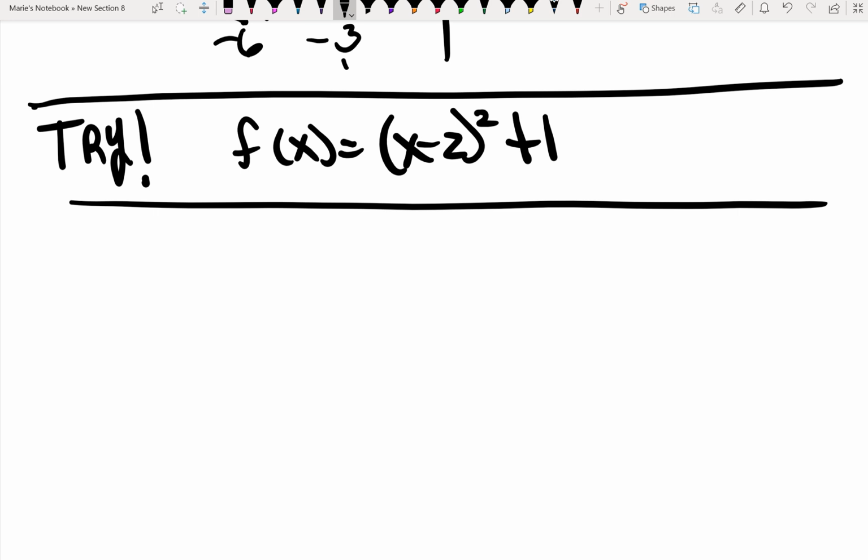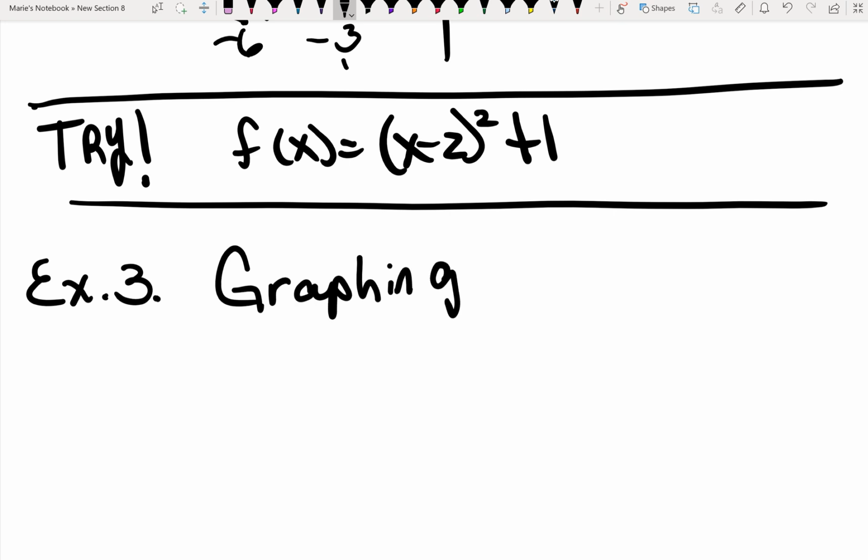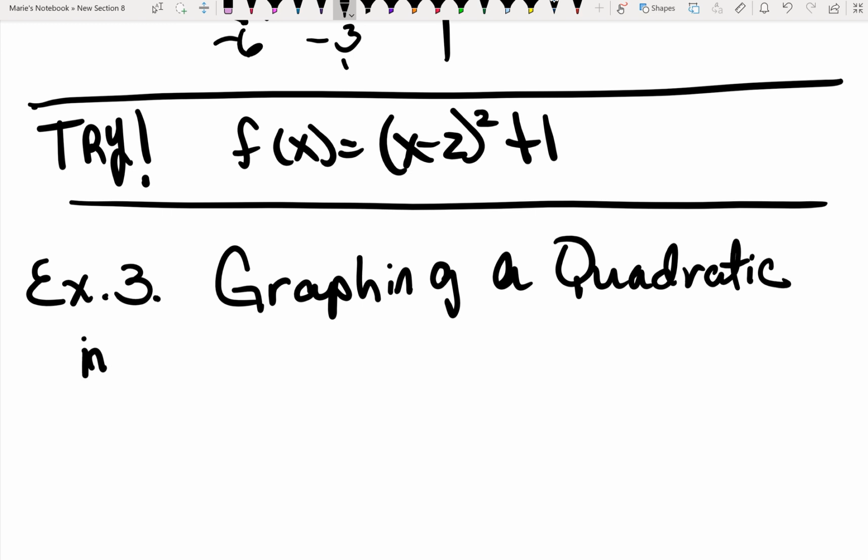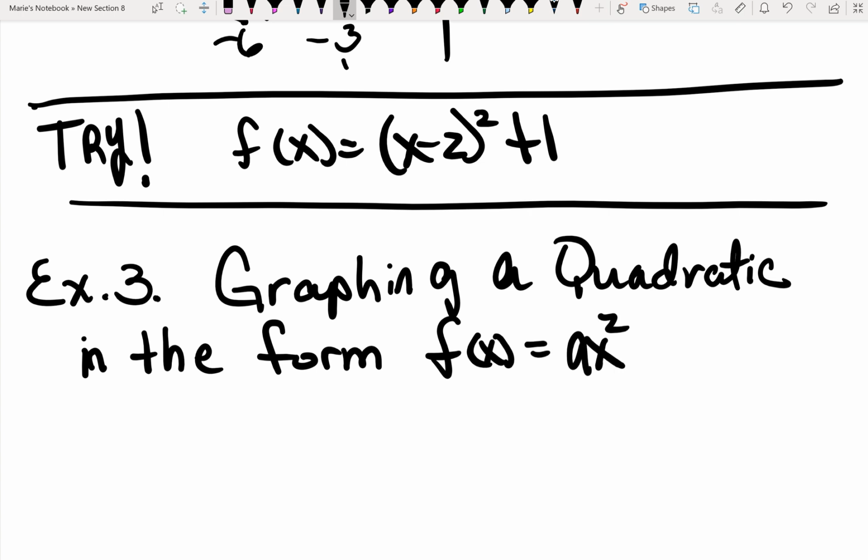All right, so we're going to look at example 3 now. In example 3, we are graphing a quadratic in the form f of x equals ax squared plus bx plus c.